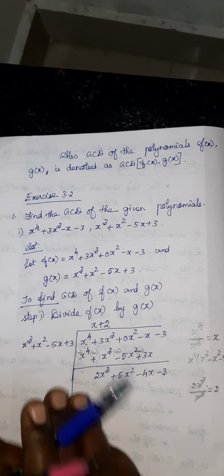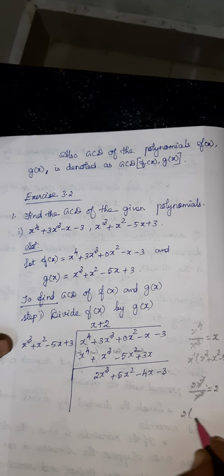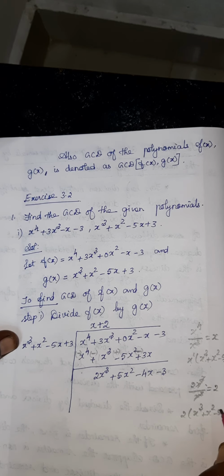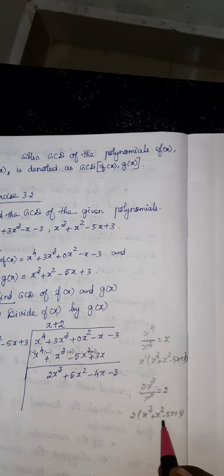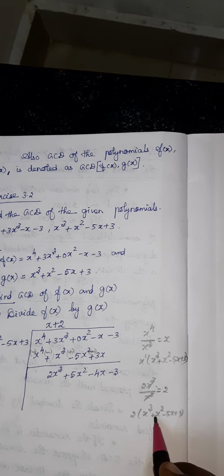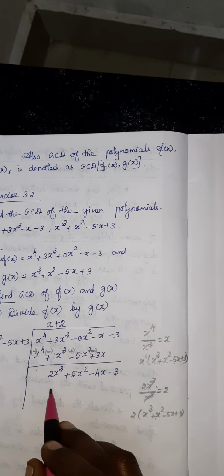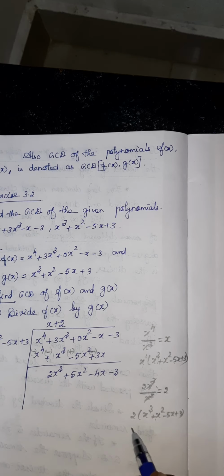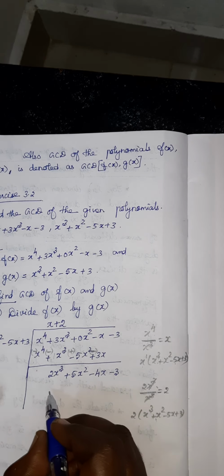And multiply this 2 with this divisor x cube plus x square minus 5x plus 3. Okay, when you multiply this quotient 2 with this divisor, what you are getting, that you write under this expression. Now you see 2 into x cube, it is 2x cube.